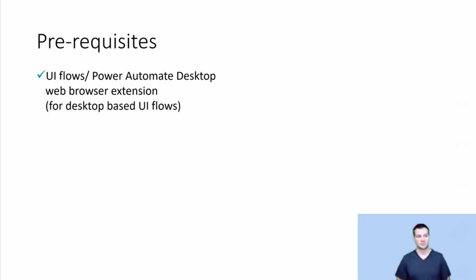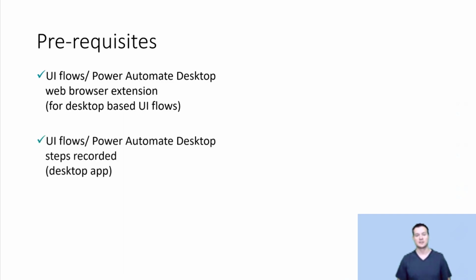The installation will not only install the local application that records the steps, but also the web extensions, the browser extensions. Either of them is required, depending on which scenario you'd like to follow.